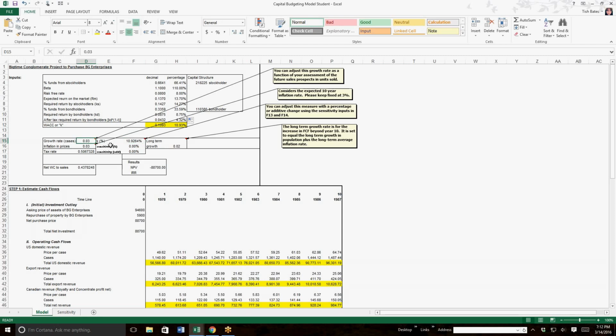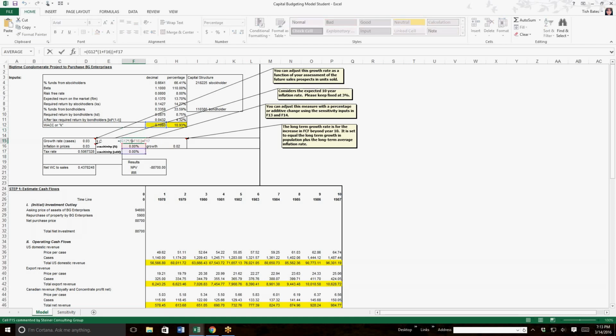We can adjust it to do our sensitivity analysis. The inflation, they want us to keep at 3%, which is in the instructions here. Okay, we can adjust this measure with percentage or additive change using sensitivity inputs in F13 and F14.